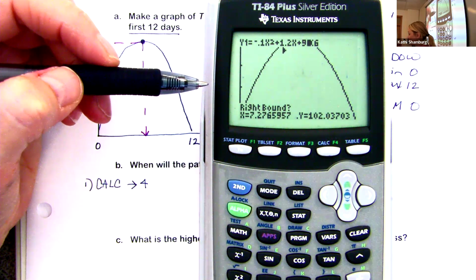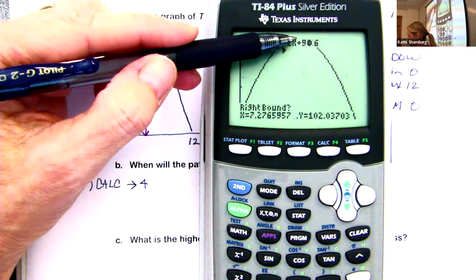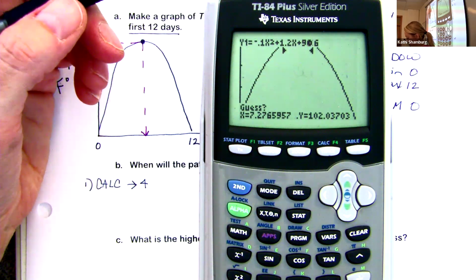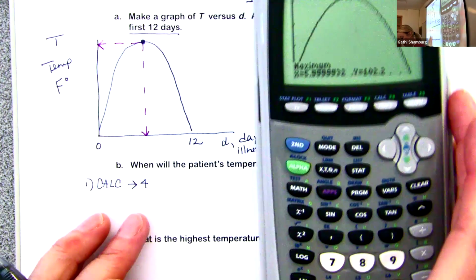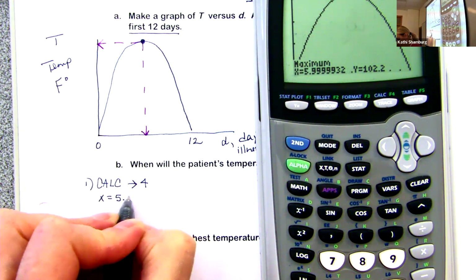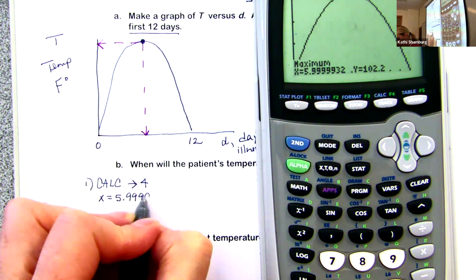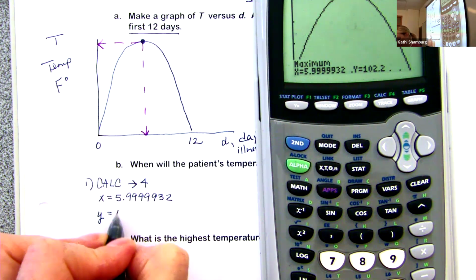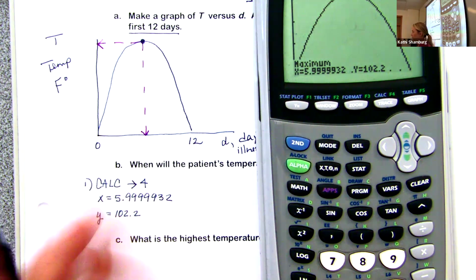Doesn't matter where, just as long as it's to the right of the top of the hill. Yes, enter. And so I get x equals 5.1234532, and I get y equals 102.2.